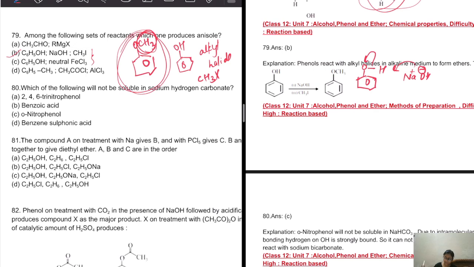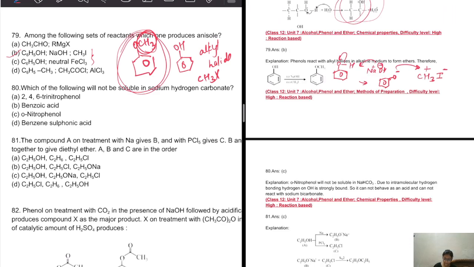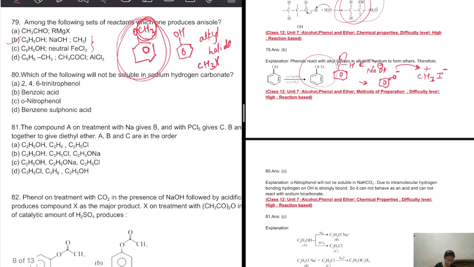So we have this group. What we get is phenoxide. Now we have CH3 plus and I negative. So the negative will react with this. So we have OCH3. So the correct answer would be B.